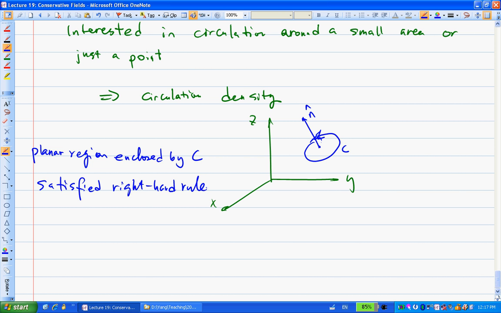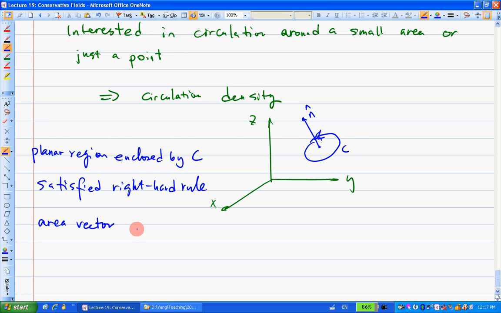The next thing, for this particular region, is to define a so-called area vector. Usually when we talk about area, it's a scalar. Because of orientation, we have this area vector.